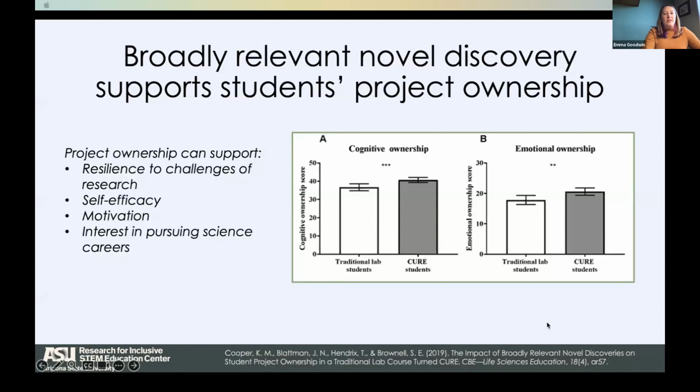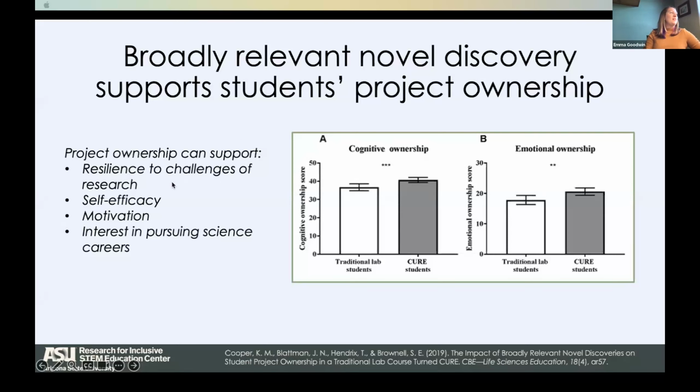So broadly relevant novel discovery, so essentially real research, is also associated with increases in students' project ownership. In a study that considered both cognitive ownership and emotional ownership for CURE students compared to a traditional lab course, cognitive ownership and emotional ownership were significantly higher.